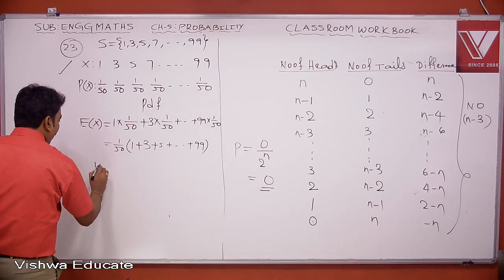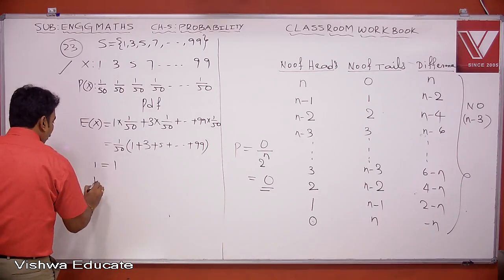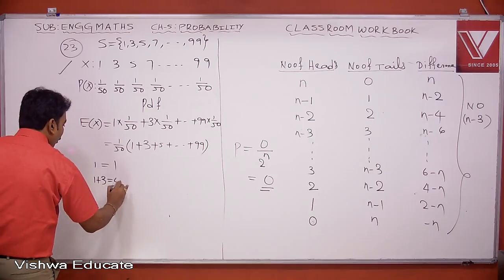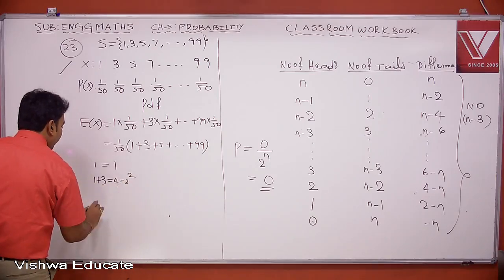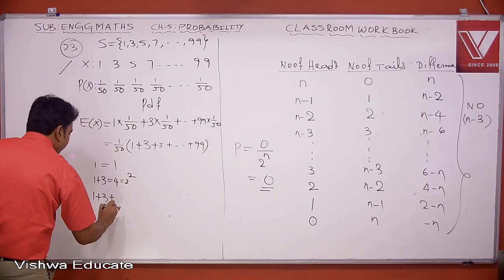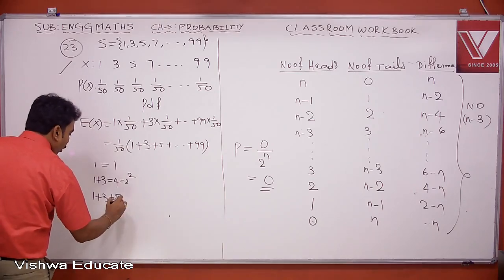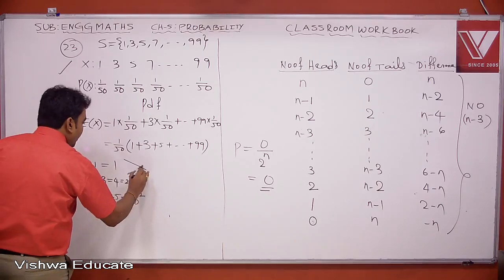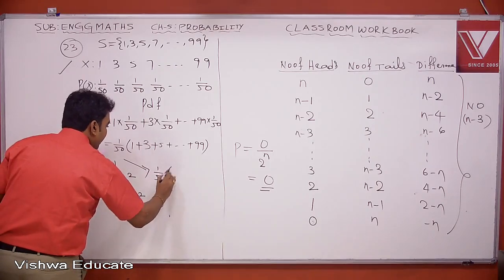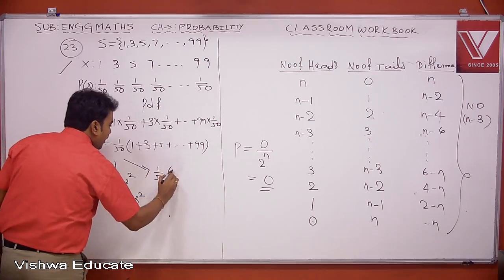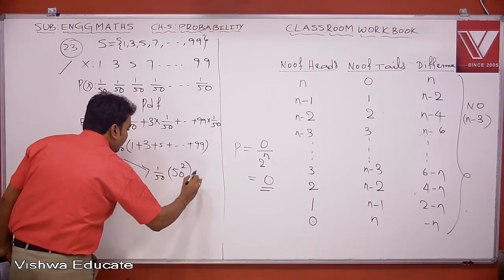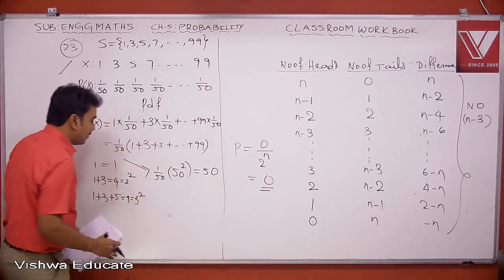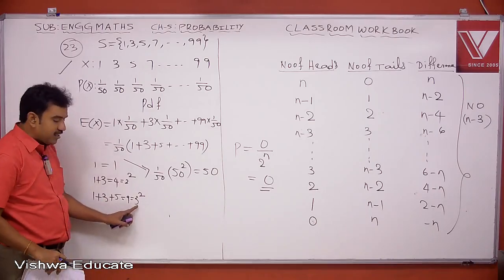Suppose I have 1, equal to 1. 1 plus 3 is equal to 4, so 2 square. 1 plus 3 plus 5, the sum of the first 3 odd numbers, is 9, 3 square. So therefore this quantity is 1 by 50 into the sum of the first 50 odd numbers, which is 50 square. So this gives 50.